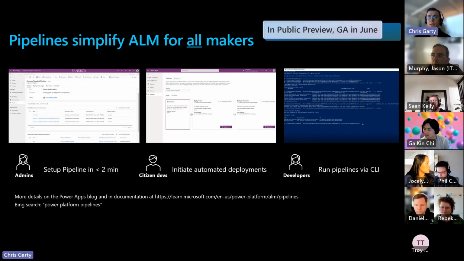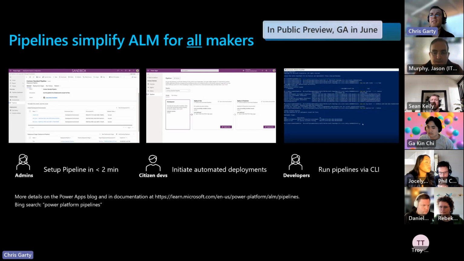So inside of the solutions experience, inside of the solution explorer, when you click into a solution, on the left side, in addition to being able to see your objects and your history, you'll have a pipelines tab. And that pipelines tab will give you access to the pipelines that your administrators have defined. And then you'll be able to move that solution along the stages in the pipeline.